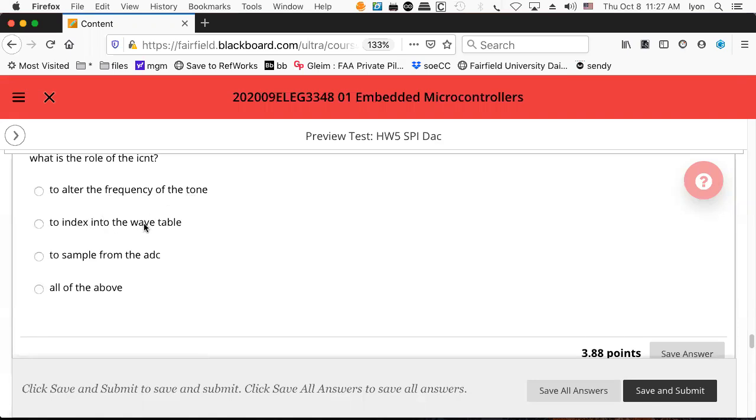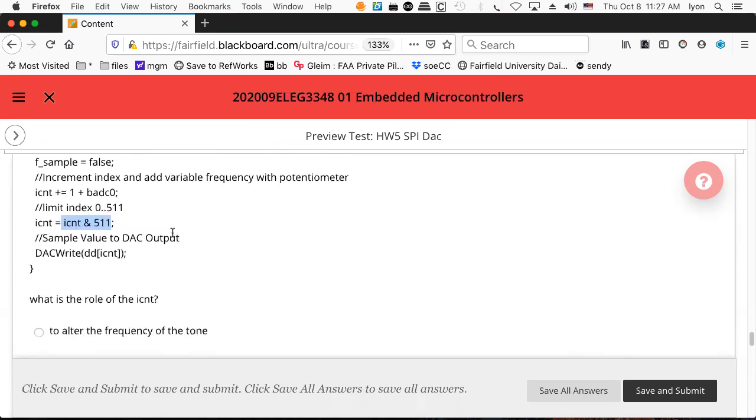It is an index to the wavetable, and it is sampled from the ADC. So that kind of looks like an all of the above kind of thing to me. What do you think of that? I can always check my answer key just to be sure, but all of the above is the way I would go on that one.